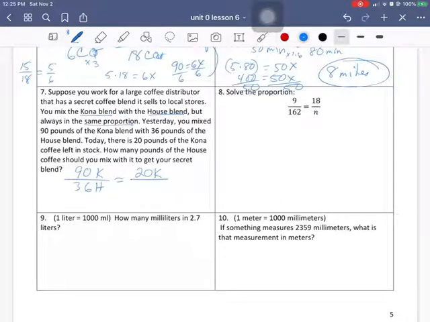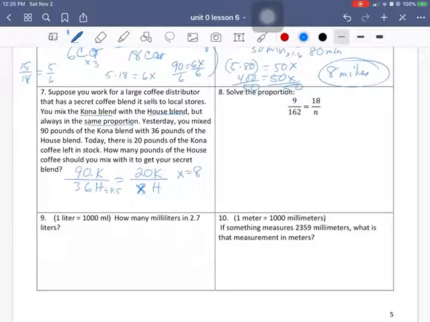So over here the Kona goes on top, and then it says how much house is left. So you can put an x there if you wanted. Okay, so I can reduce the 90 by 20 and go 90 divided by 20 is 4.5. So I can divide my 36 by 4.5, and that gives me an 8.